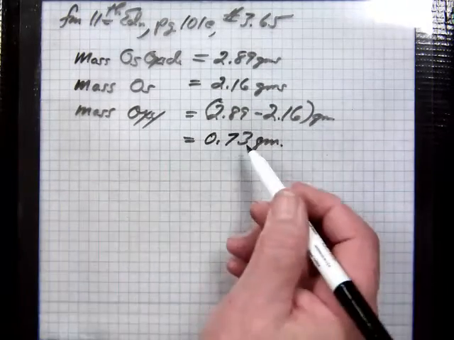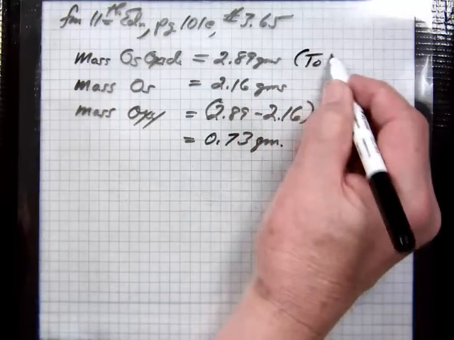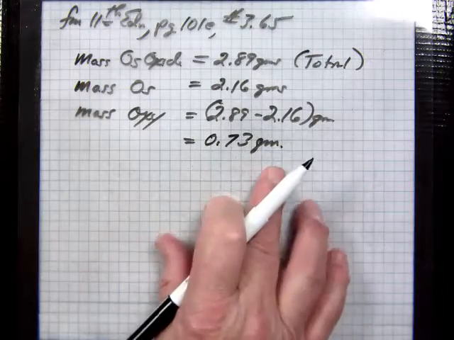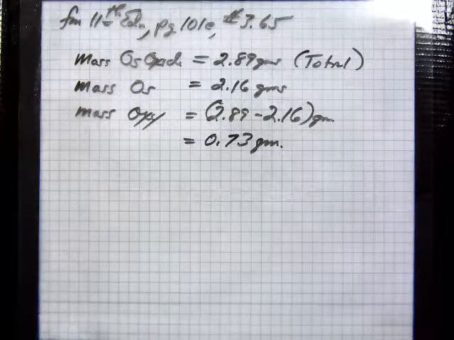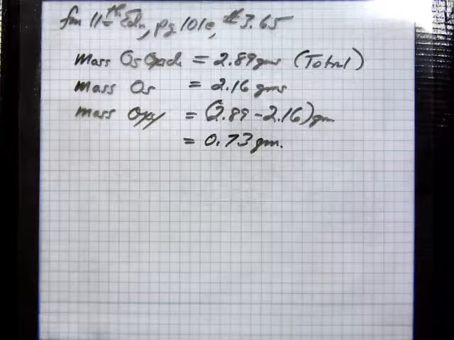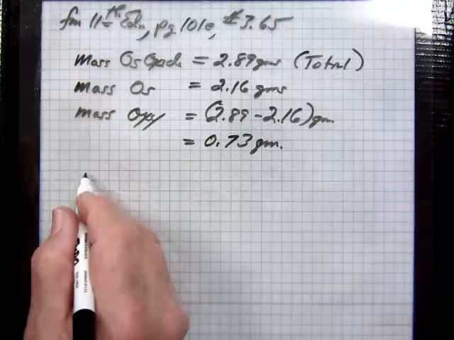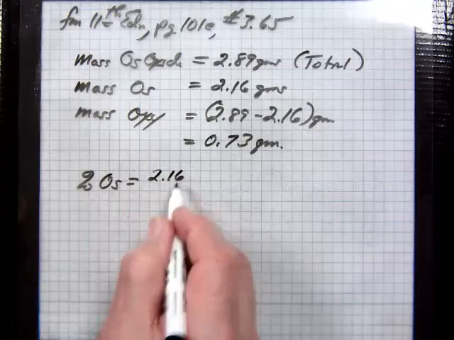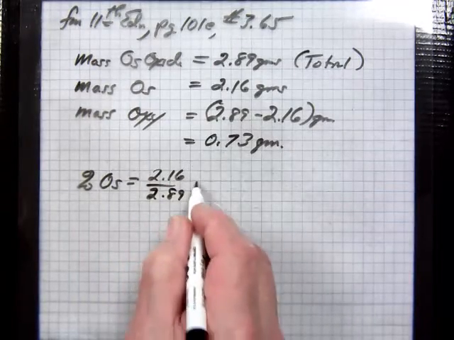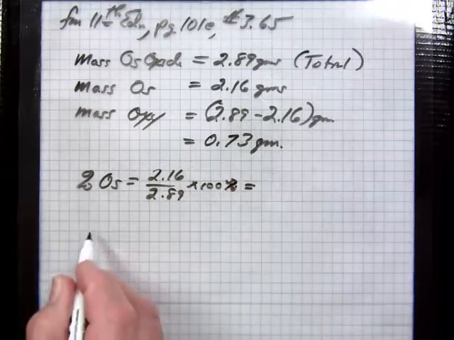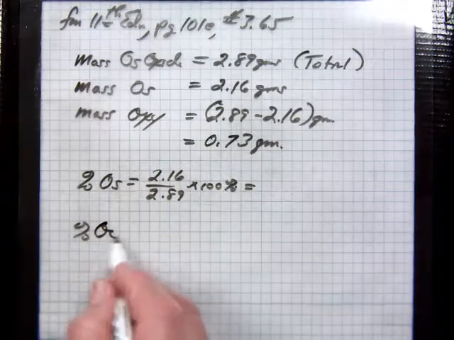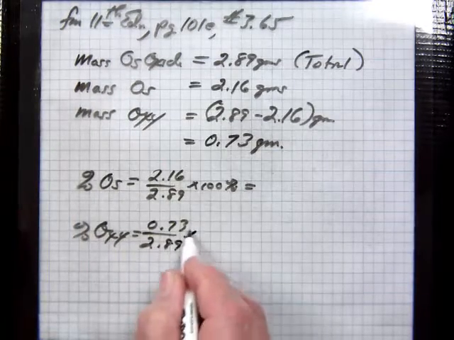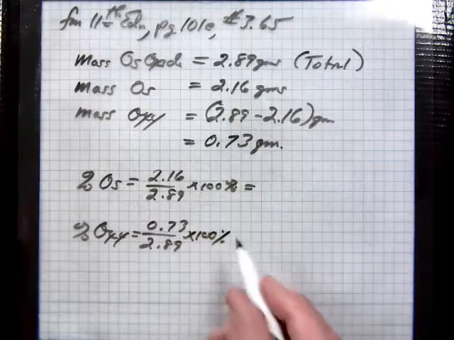So this would be part over the total. So this is the total mass, and these are your two parts, the osmium and the oxygen. Okay, so percent of osmium would be part over total. And then the percent of oxygen, you can do it by 0.73 over 2.89 times 100%, or the percent osmium from 100.